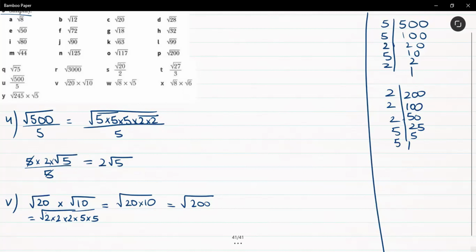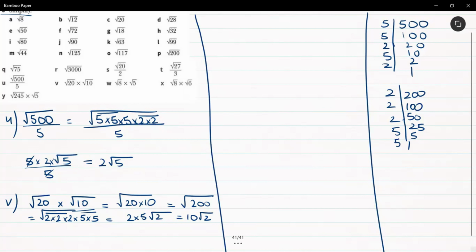Now simplify this by making pairs. We have a pair of 2 and a pair of 5. So that would mean we have 2 multiplied by 5 under root 2, and that makes 10 under root 2. And that's it for part V.